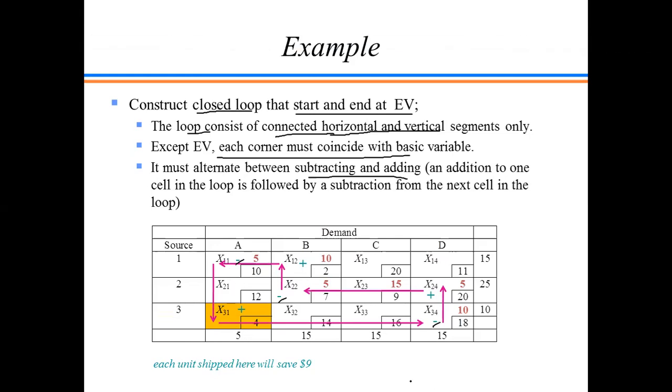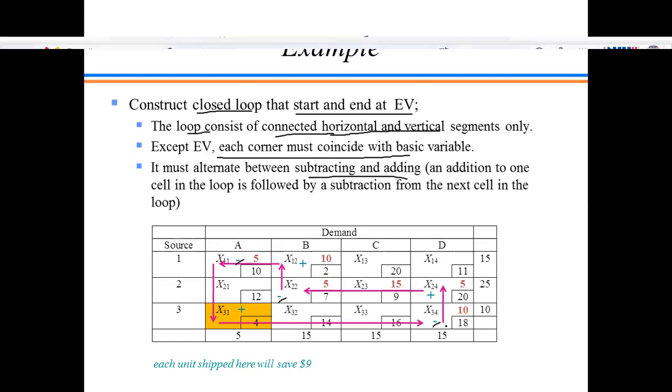Later x11, x22 and x34 will be subtracted by a certain value, and we need to make sure that these cells do not become negative. So the minimum is 0. We focus only on the negative ones, 5, 5, and 10. We need to select the minimum one. So we need to select 5.